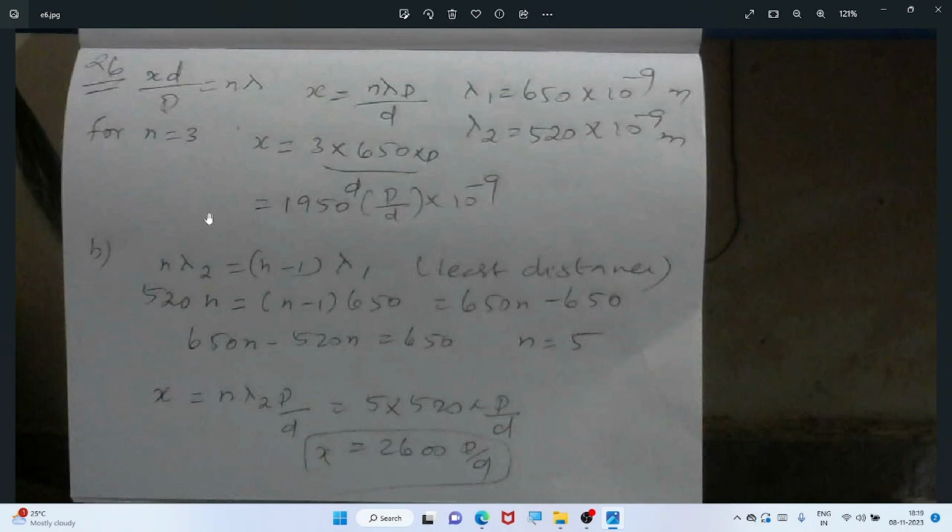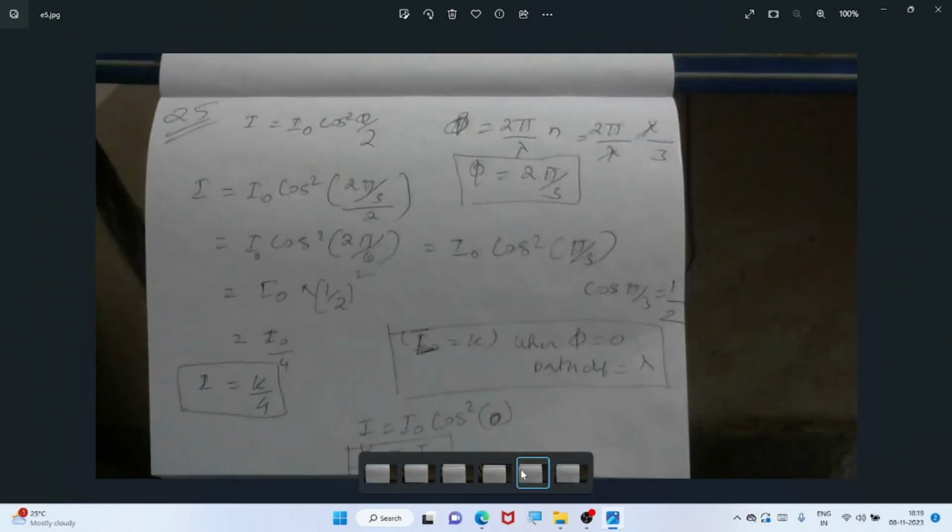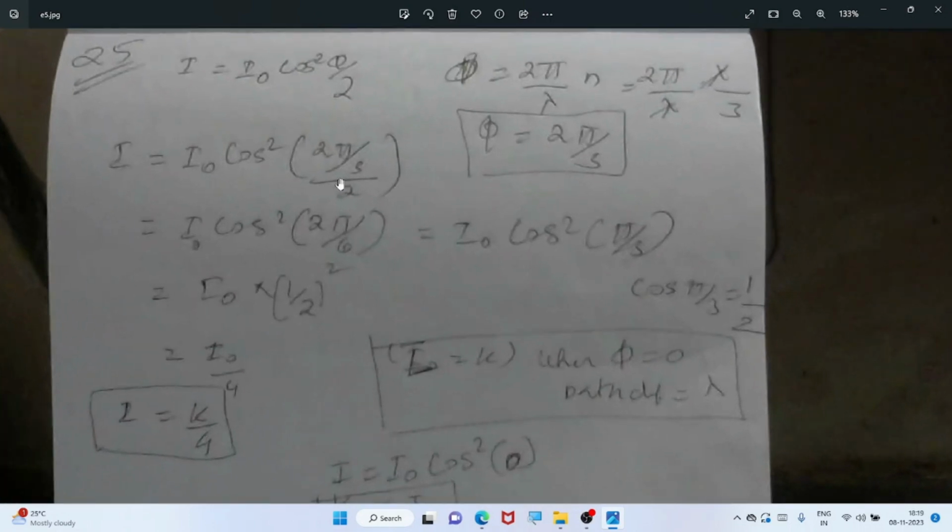This is the intensity. Okay, intensity they have given, the phase difference is lambda by 3. Lambda is 2 pi, lambda is 360 degrees, that is 120 degrees. Okay, so this is the intensity.